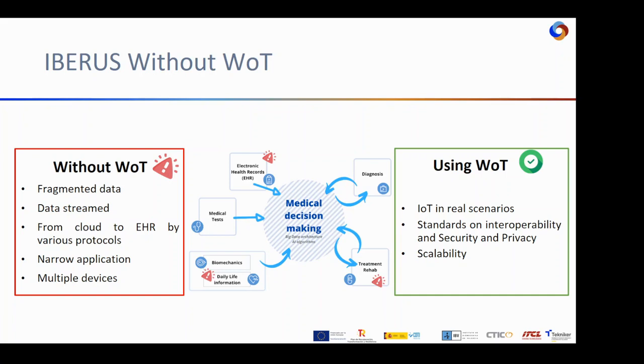Also, the cloud sends to electronic health records via several different protocols. So we will need to implement different interoperability protocols and communications. Also, there is a clear limited application by using this approach, because this would be only applicable in certain scenarios. And as you can imagine, considering these challenges, it is really complex to deploy multiple devices in a real ecosystem.